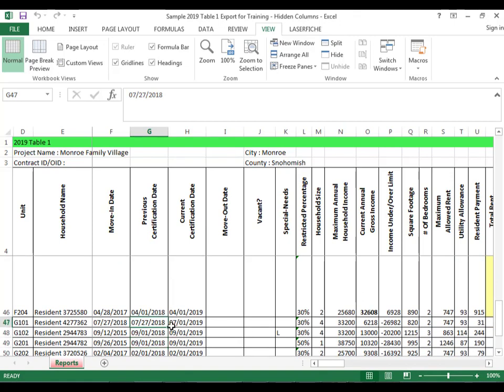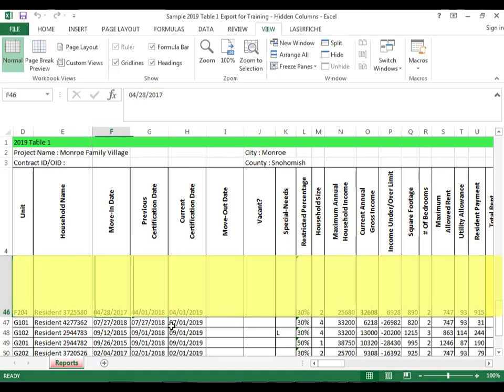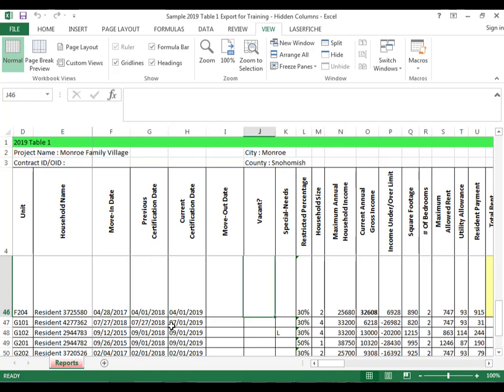So moving to the next resident record where I see an issue, I'm going to move to F204. And in this one, we'll see income in bold, which of course means it's over the limit, but they've lived there since 2017, so that's not an issue for us.